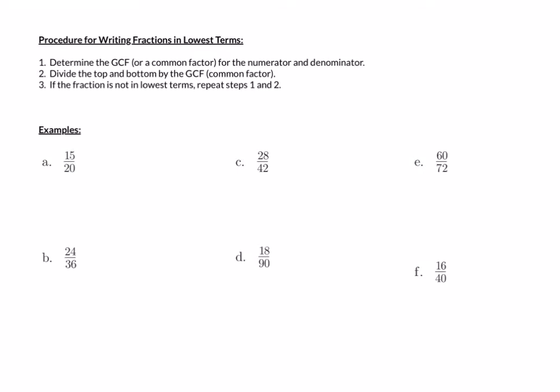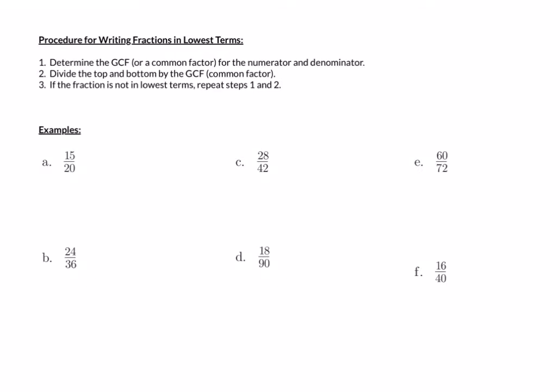We want to find the GCF for the numerator and the denominator. What do we do with that number? We're going to divide the top and bottom by the GCF, or the common factor. From there, we want to check, is our new fraction in lowest terms? If it is not, we need to repeat steps 1 and 2.